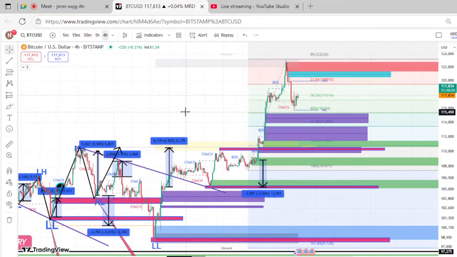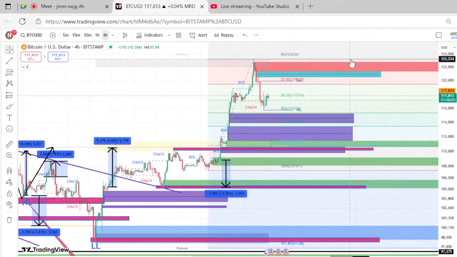Okay, good. So, I told you before that before you do anything, we must consider Bitcoin as our mother coin. Remember, where Bitcoin is heading, most coins will go. So before you do anything, let us first look at Bitcoin and see its future.